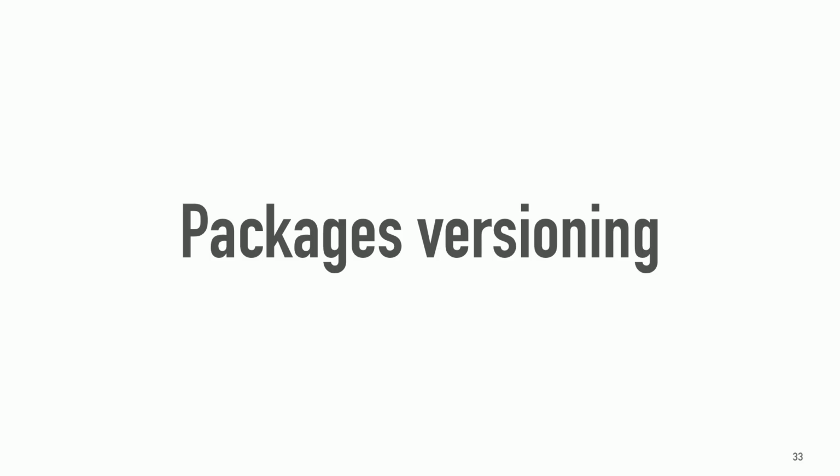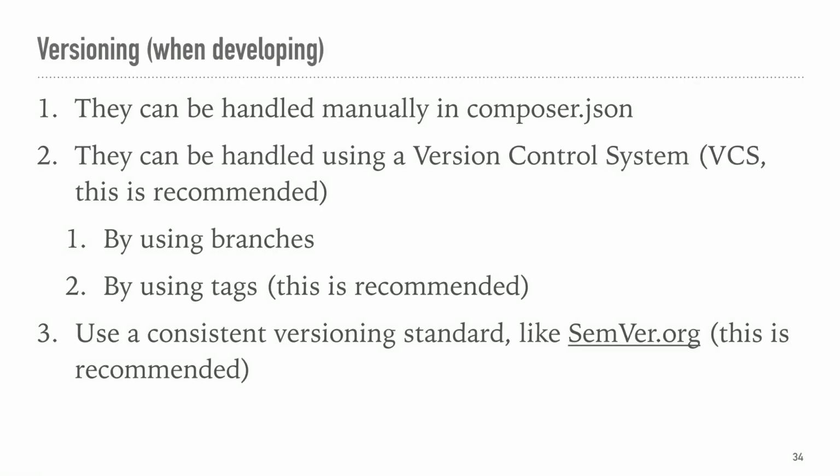When developing using Composer, versioning could be handled manually in composer JSON. If you are creating a library, you can specify in the composer JSON, okay, this is version 1.0.0, which is not recommended, because you would have to maintain that each time that you create a new functionality for your library. The best way to do this is by version control systems.